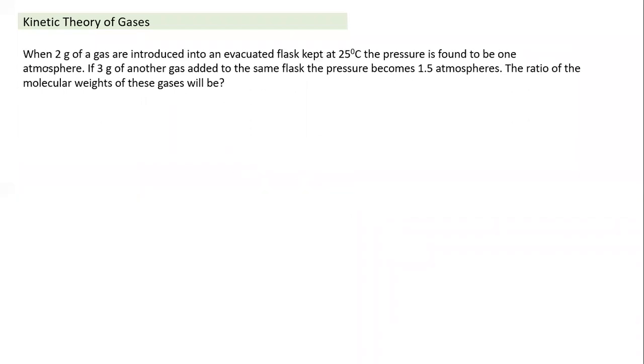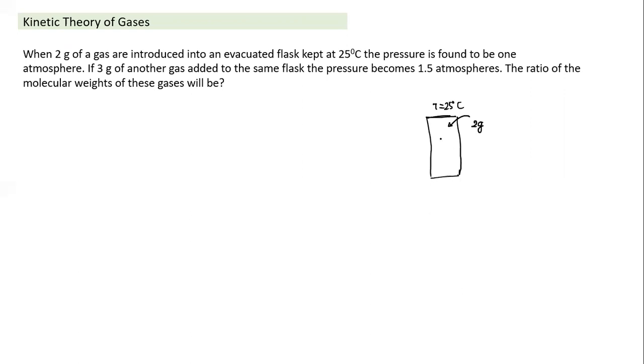Okay, the next question is something like this. If you have an evacuated flask, and in this evacuated flask we transfer 2 grams of a gas, it is kept at 25 degrees centigrade. Its temperature T is 25 degrees centigrade. When it's evacuated, it will not have any pressure.